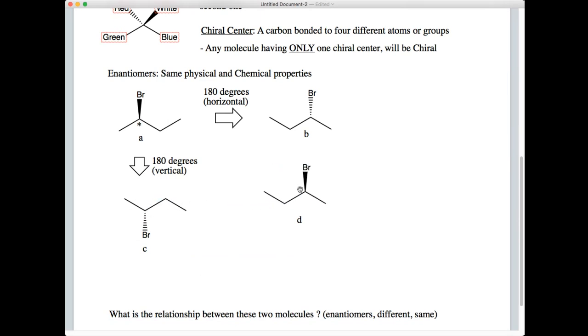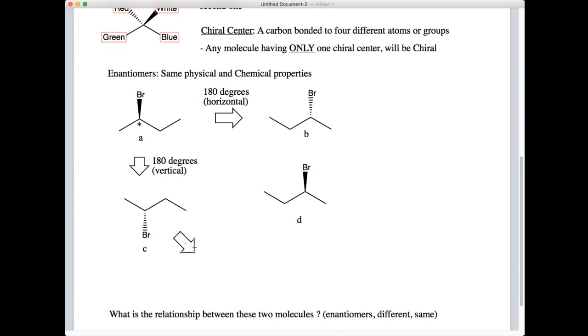So in order to determine the relationship between these two, I must have not only the same carbon chain pattern but also the chiral centers in the same position, right? And in order to do that, I need to rotate the molecule. So I'm gonna take this one over here.